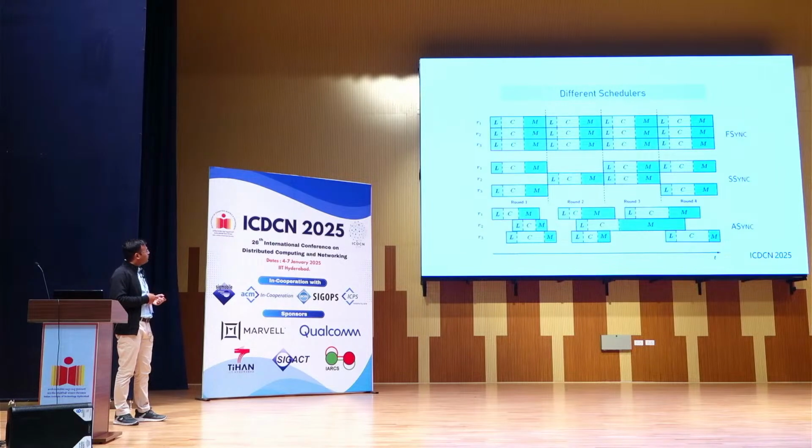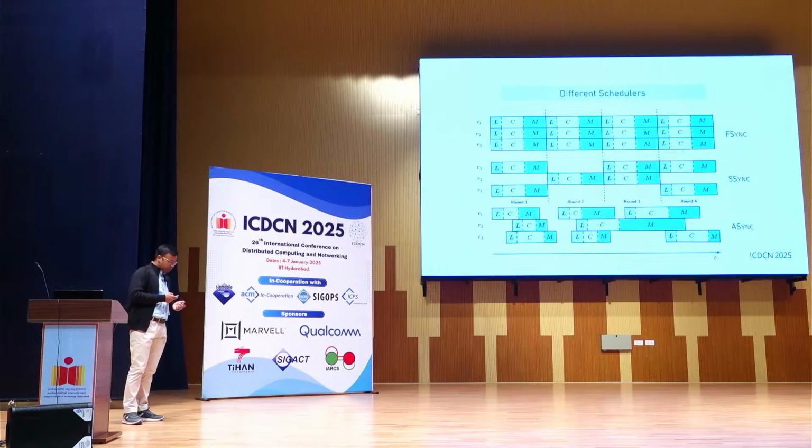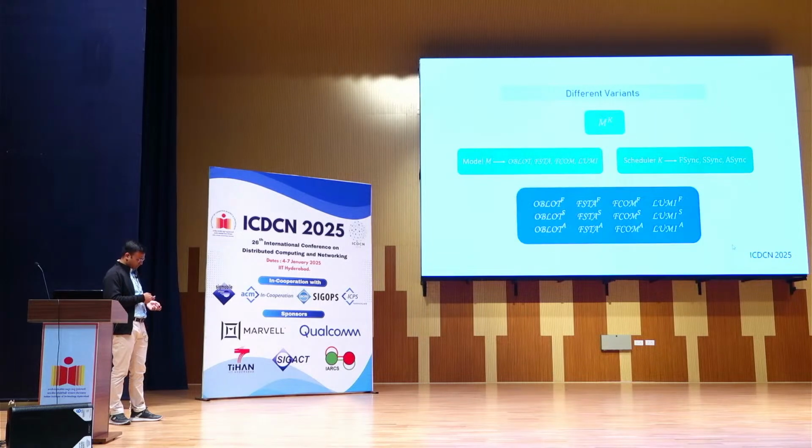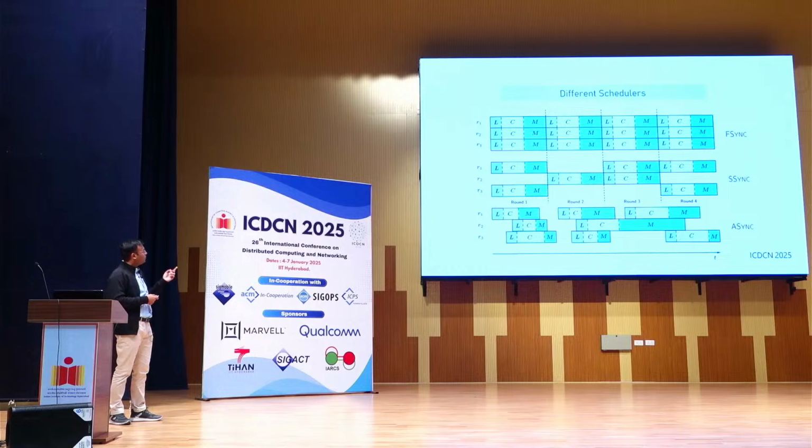Next, scheduler. There are two main schedulers we all know: one is asynchronous and the other is synchronous. If I consider this as the timeline, in the asynchronous scheduler, the robots activate at any time independently. They complete their phases independently.